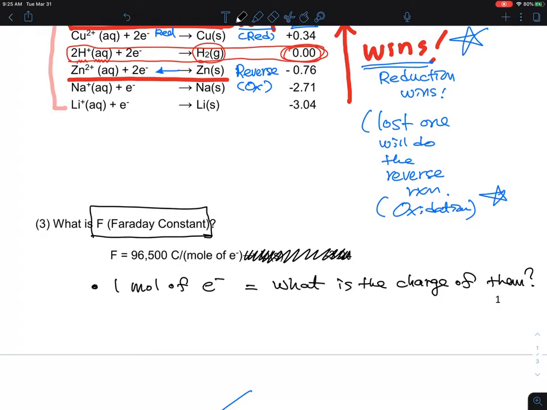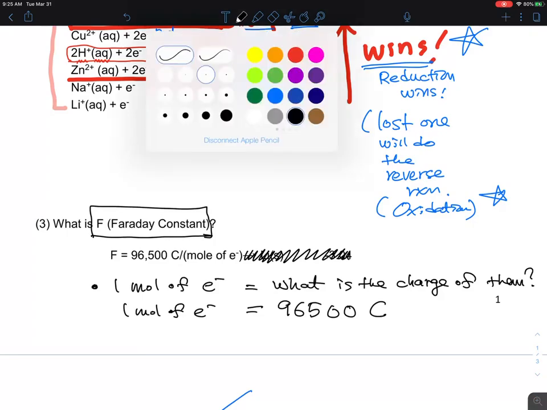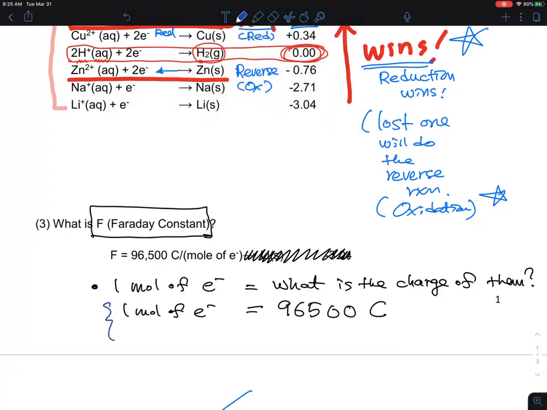He found out 96500 coulomb is the charge of 1 mole of electrons. And if you do a Google search, you'll find out 1 particle, just an individual electron, what's their charge? 1.60 times 10 to the minus 19 coulomb.